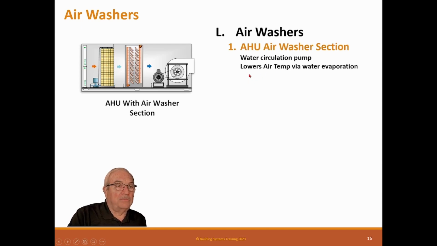Water circulation pump, lower air temperature via water. That is another problem. Normally we have these in higher atmospheres where we have low dry, high desert conditions. We have low humidity, and if you're at high altitude, these things work too well. I've seen these drop the air 20 degrees in about 15 seconds. So that's a lot.